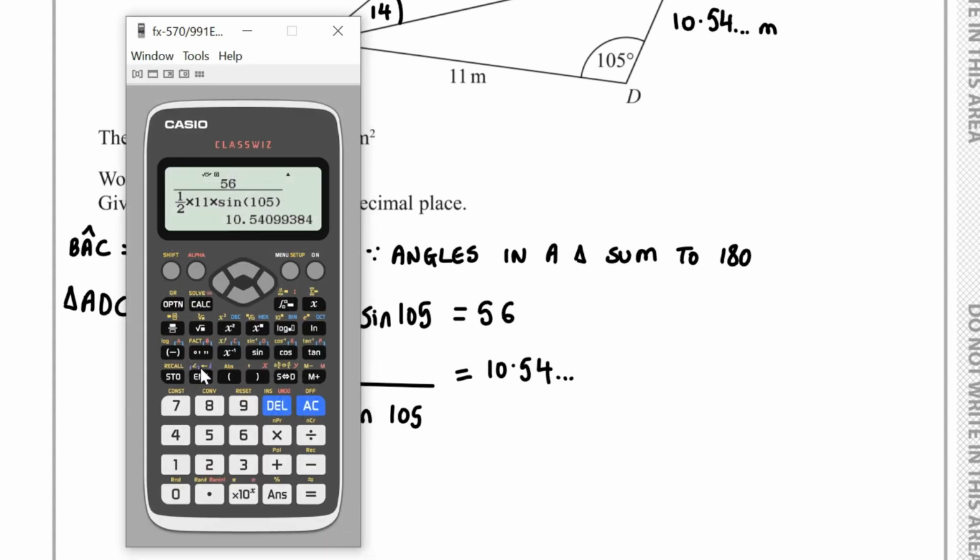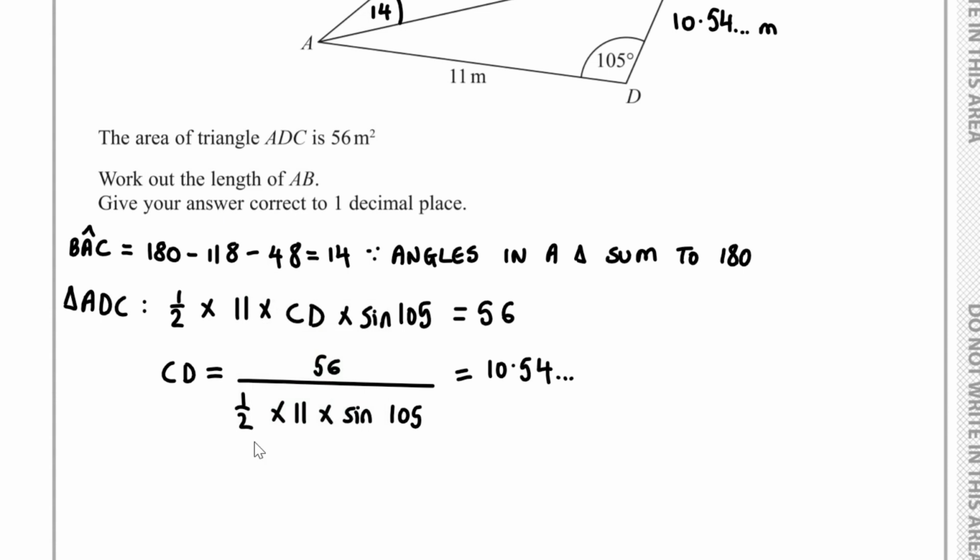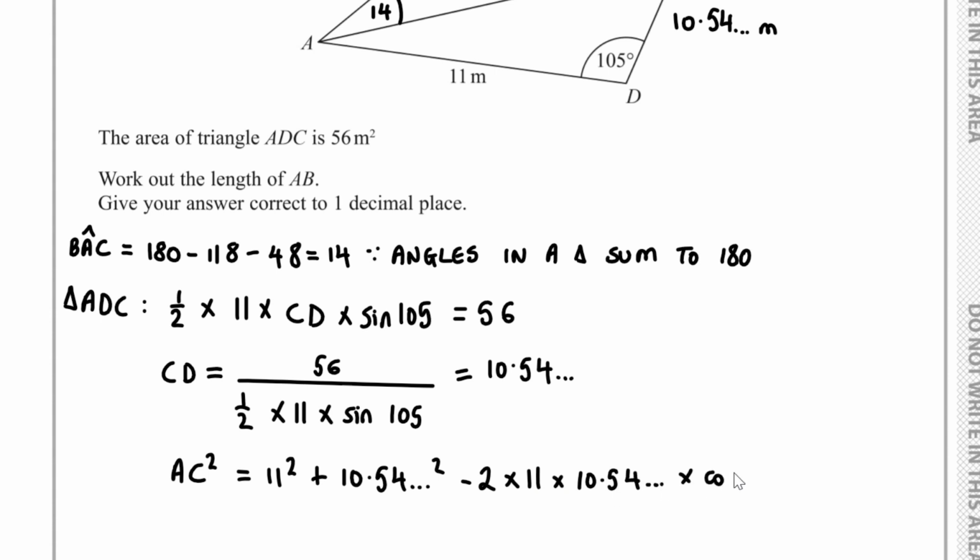So let's just store this into A. AC squared is equal to 11 squared plus 10.54, etc. squared minus 2 times 11 times 10.54, etc. times the cosine of 105.